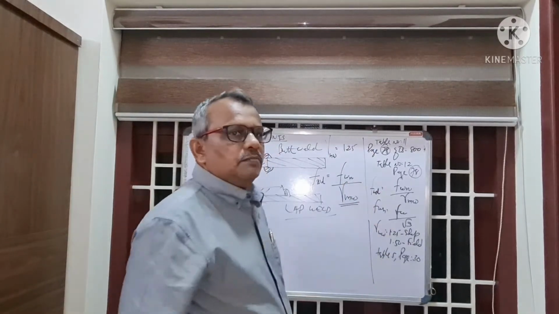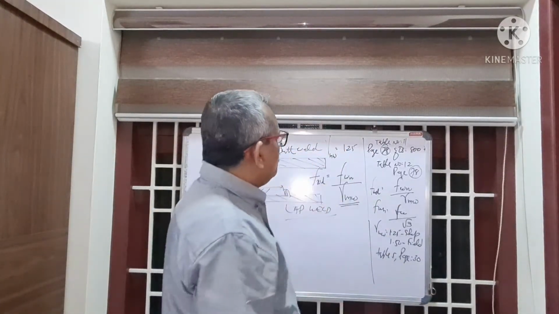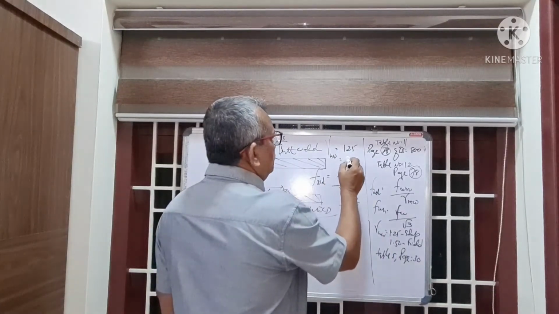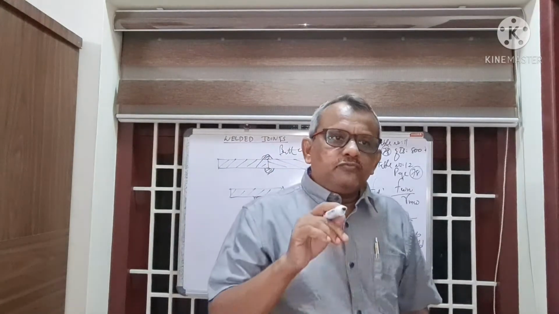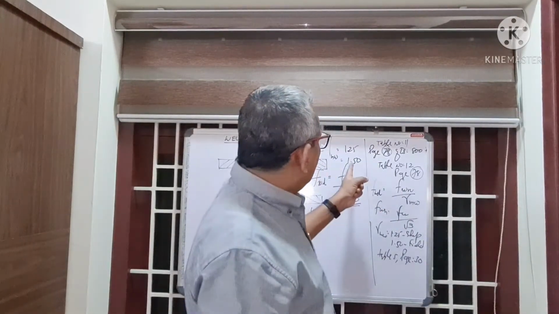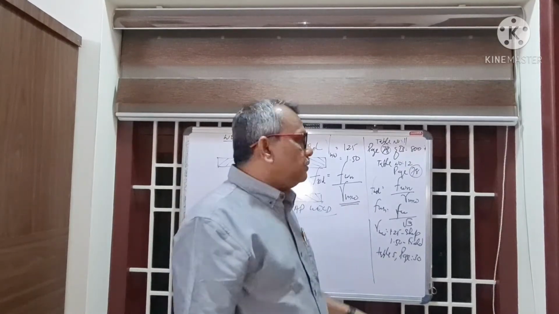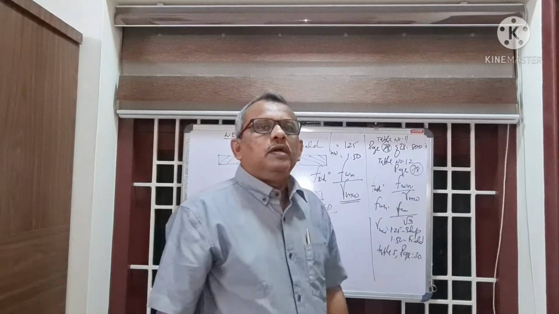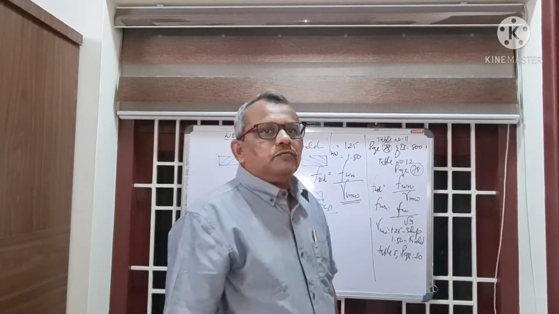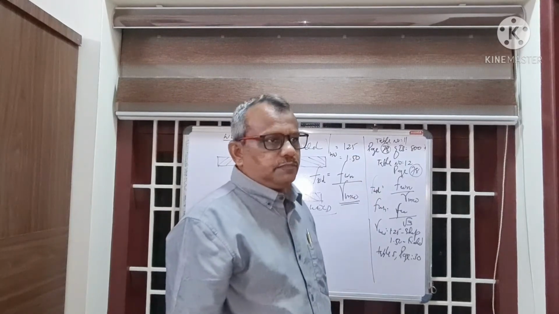Otherwise the value will be 1.5. That means when it is fabricated in the field itself, the value of gamma MW will be equal to 1.5. So while solving problems, the corresponding values should be taken as 1.25 and 1.5 respectively, whether it is fabricated in the workshop or in the field, right?